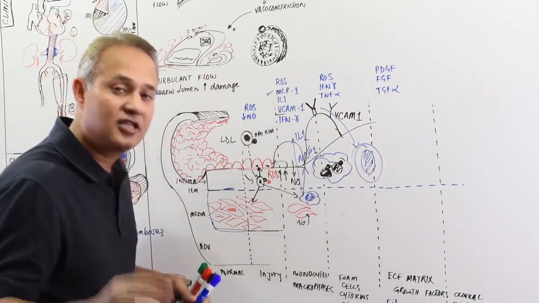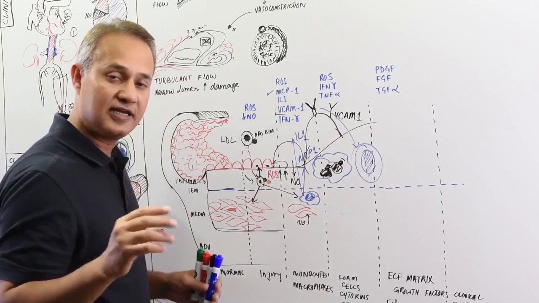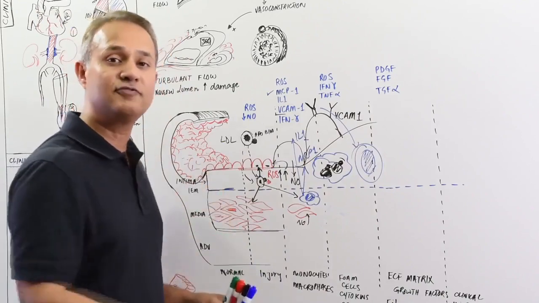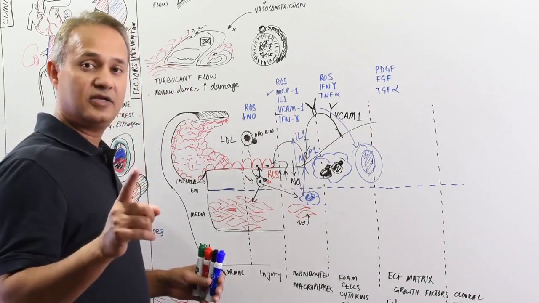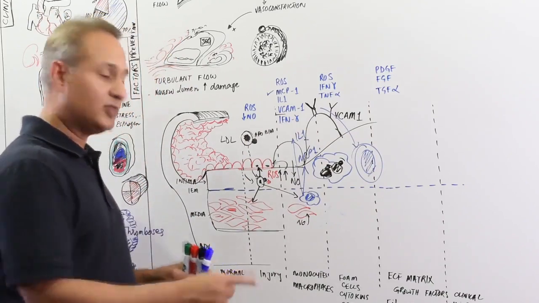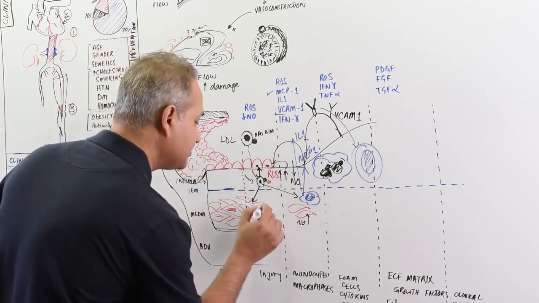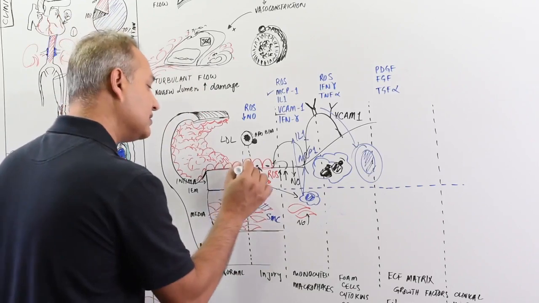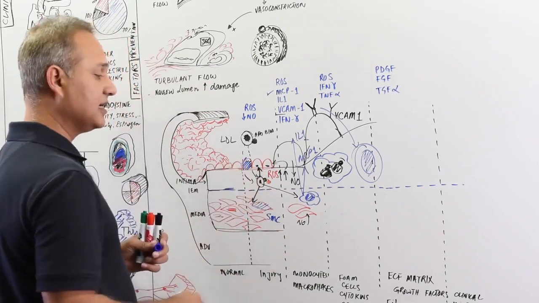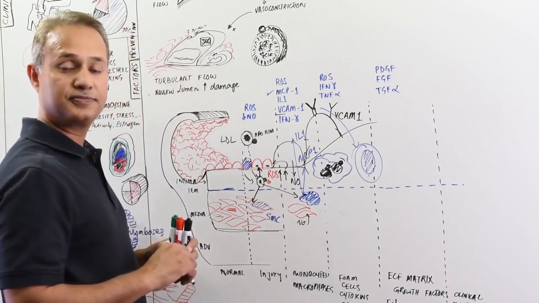Now there is a third thing that LDL does before we go to other things. A third thing that LDL does is it is a poison for the cells locally. Oxidized LDL causes death of smooth muscle cells, SMCs, it kills them. It kills the endothelial cells and it kills the macrophages.